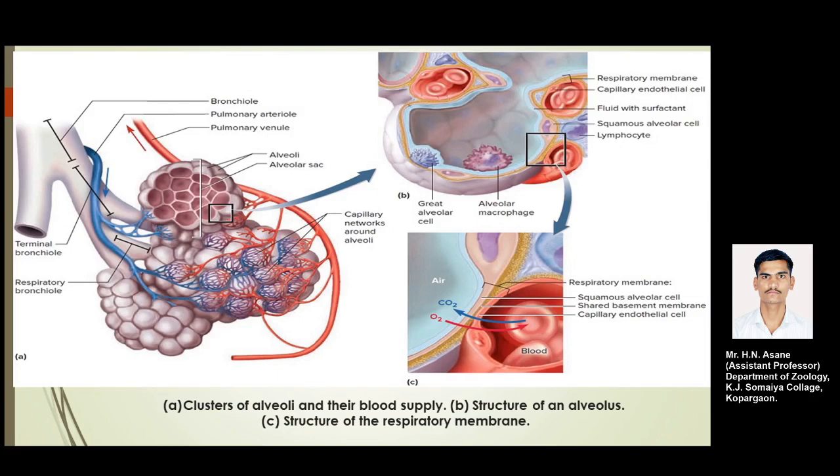Here you will see the structure of an alveolus, then the alveolar duct, which are the ducts that connect the alveoli with the respiratory bronchioles.